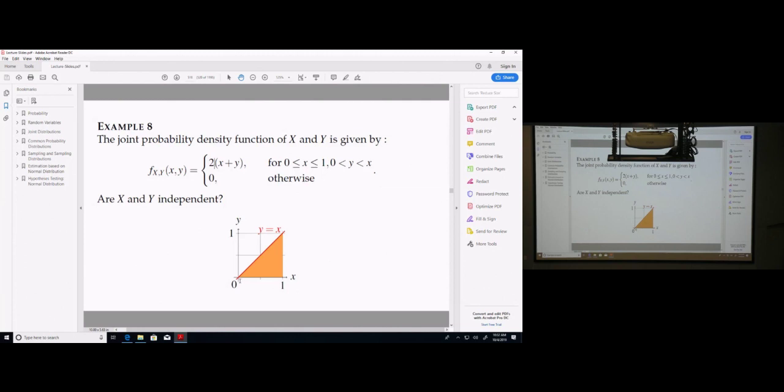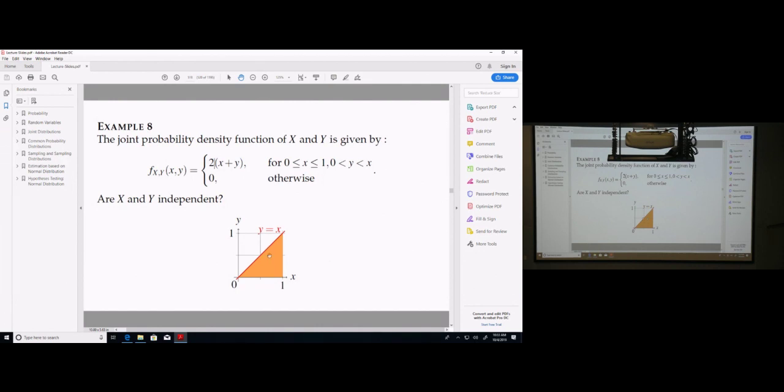But when you are restricting yourself from 0 to 1, your vertical line would pass through this orange triangle, meaning that after you do the integration, it will be positive. And similarly, if you do it horizontally and the horizontal line passes through the orange triangle, the marginal of y will be positive.